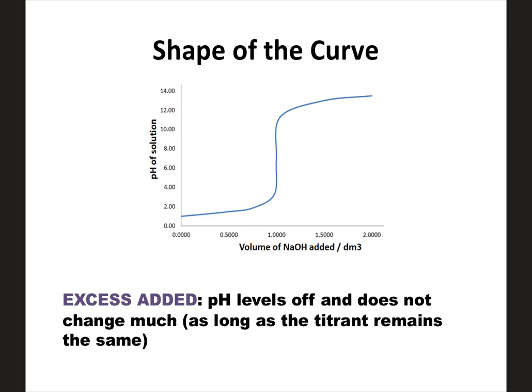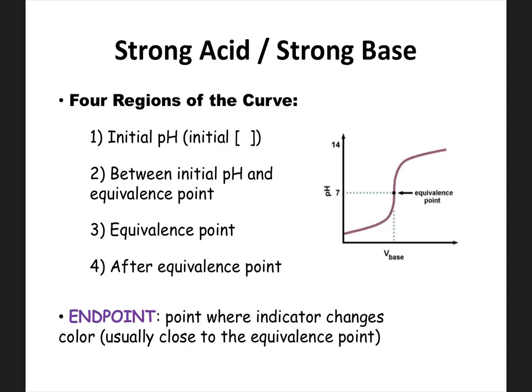You need to understand what's happening here kind of at all the points, and we can actually calculate pH at different points on this curve. If we are looking at a strong titration here, all right, there's 4 regions of the curve that we need to kind of be concerned with here. And these are kind of the different areas where we could be focusing on the pH.